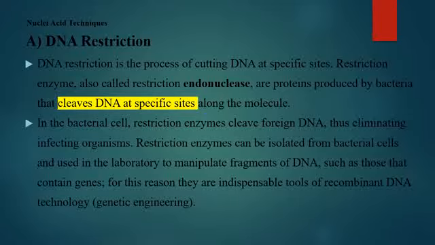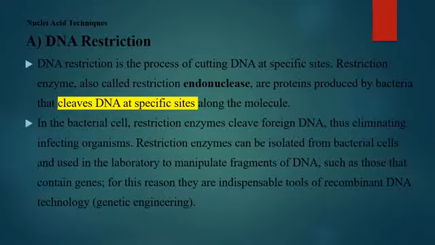The enzyme restriction endonuclease that we obtain from bacteria is what we use as a DNA restriction enzyme. These cut DNA at specific sites, so there are particular points along the DNA molecule where the cutting is obtained.